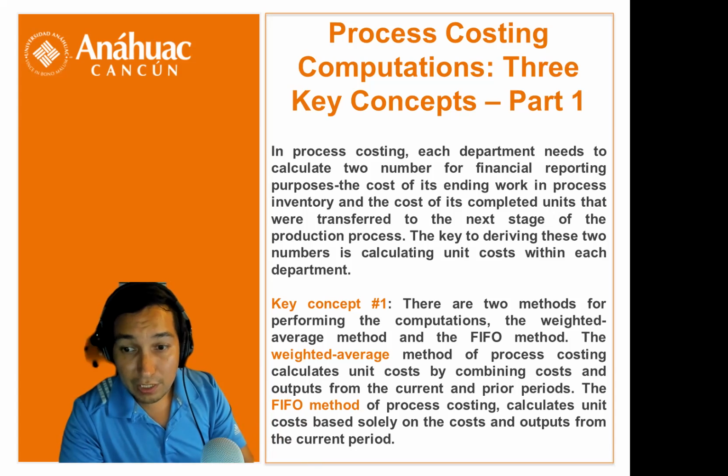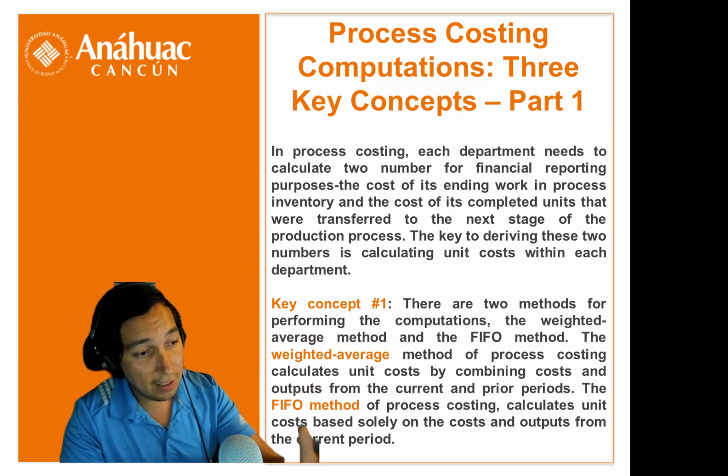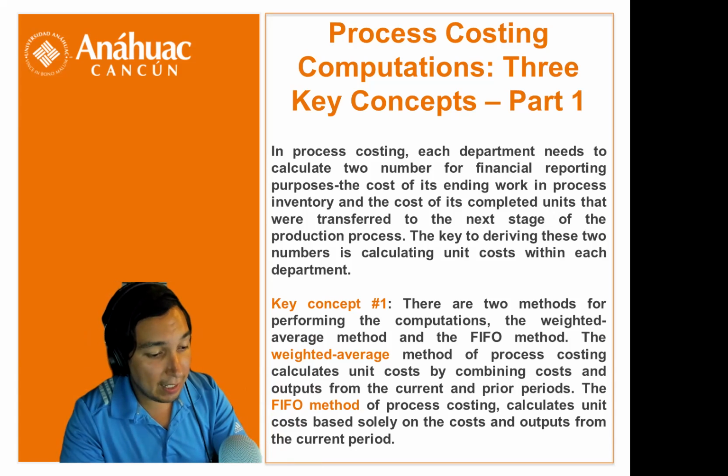There are two different methods for performing those computations. The first is the weighted average method, which I told you about last class. It's just a refresher, and we will use this method. We're not going to review FIFO.